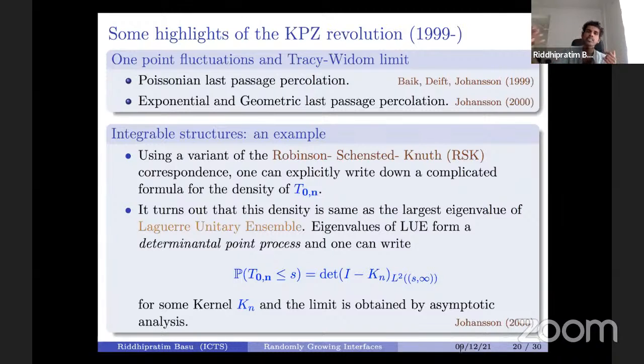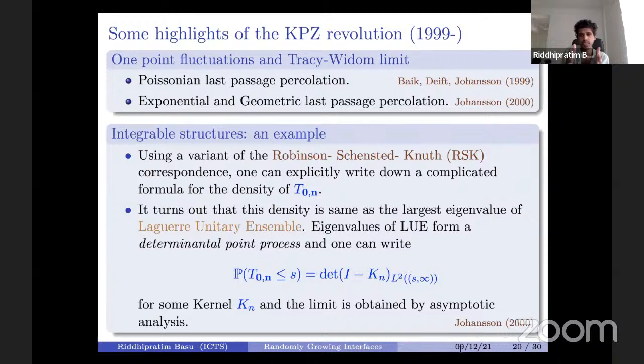Once you do the analysis, you will see the Tracy-Widom distribution, which I have not said what it is, but it is related to the Painlevé II equation. Again, this is not really something I know much about, but you have this PDE, Painlevé II equation, and a solution whose asymptotics are given by the Airy function.